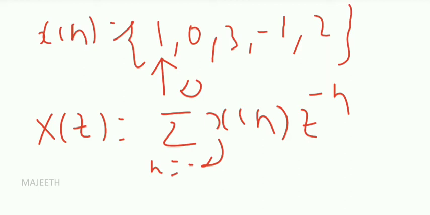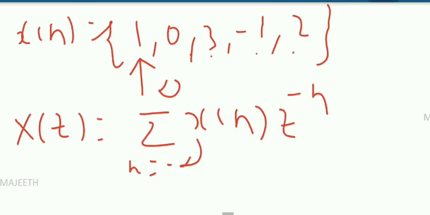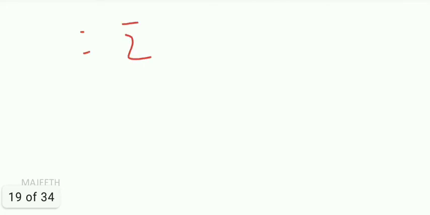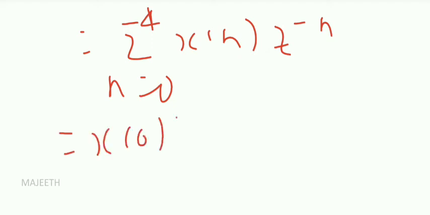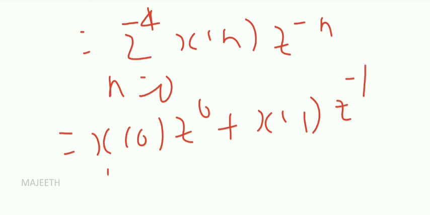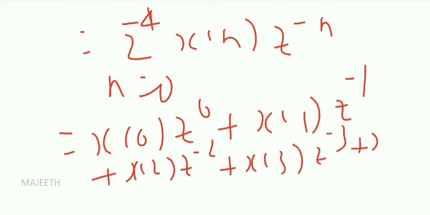Here n starts from 0 and goes up to 4. That is equal to x of 0 z power 0, plus x of 1 z power minus 1, plus x of 2 z power minus 2, plus x of 3 z power minus 3, plus x of 4 z power minus 4.